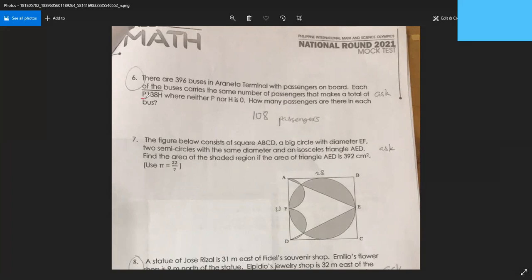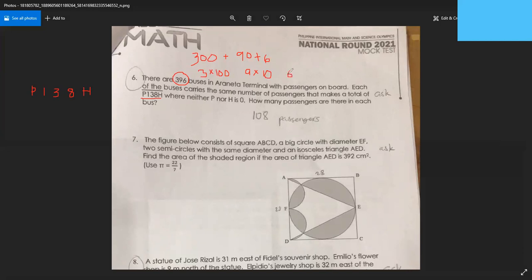For P13H, I'm just going to separate them: P, 1, 3, 8, H. For 396, we can write it as 300 plus 90 plus 6. 300 is actually 3 times 100, and 90 is actually 9 times 10, while 6 is simply 6.